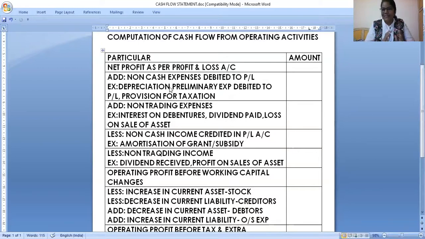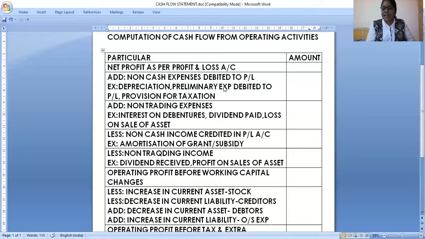I want to repeat my example. I want to go very slow. My net profit is 50 after debiting depreciation 10. Now, depreciation is a non-cash expense. So add back the depreciation so that you get 60 rupees cash profit, and logically it is correct. Your net profit is 50 after debiting depreciation, but in depreciation no money has gone out.